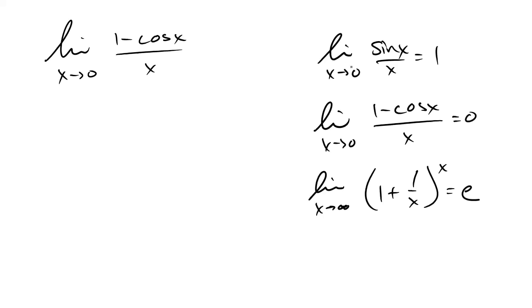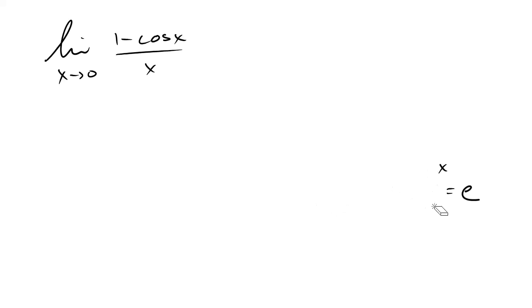Those would be great to memorize, but if for some reason you haven't memorized those, I'm going to give you a BC calculus tool that I think even AP students would benefit from, and that's called L'Hopital's rule.